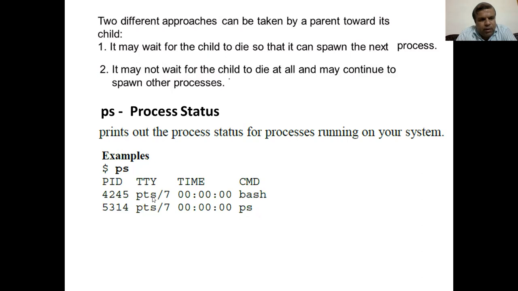This is the terminal file name, this is the time the process has been running, and this is the process name. Similarly, another process, ps, is running, whose PID is 5314, on the terminal pts/7, and this is the time that this process has been running.